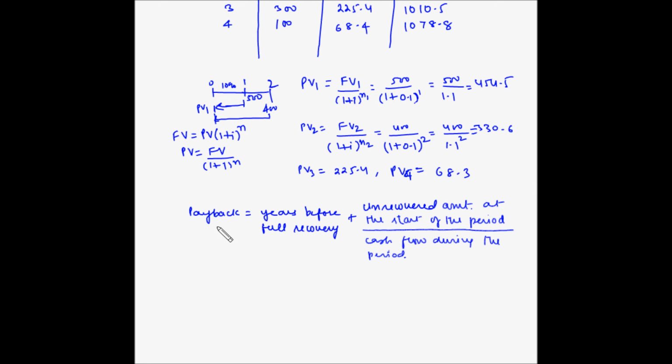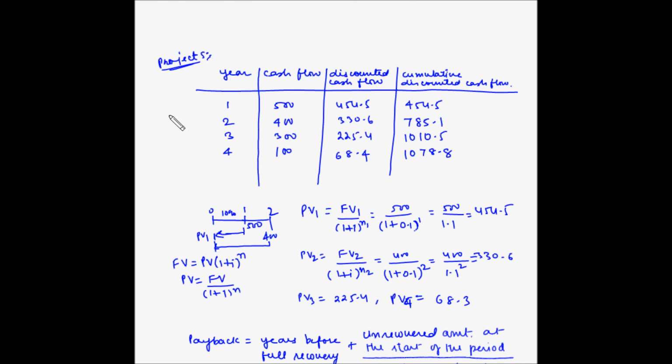Now we know that the payback period can be found out using the formula: years before full recovery plus unrecovered amount at the start of the period divided by cash flow during the period. So let's find out years before full recovery. We want to recover the initial investment of 1000 rupees.